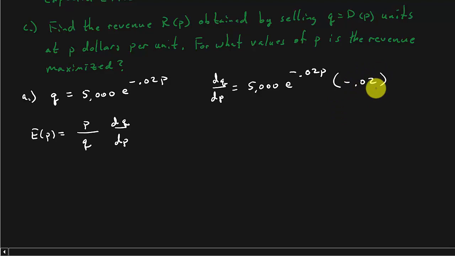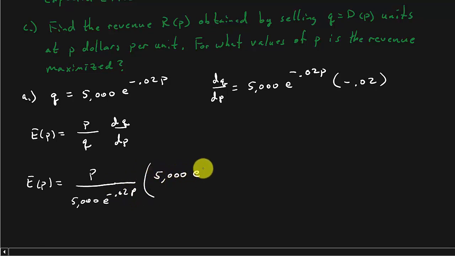All right, now that's going to give us E of P is equal to P over Q. Well, what's Q? Q is 5,000 e to the negative 0.02 p times negative 0.02.